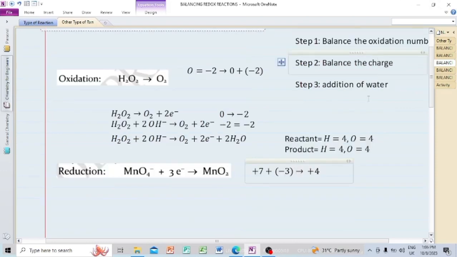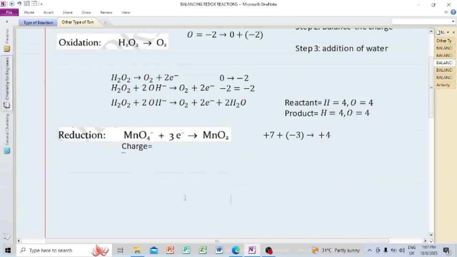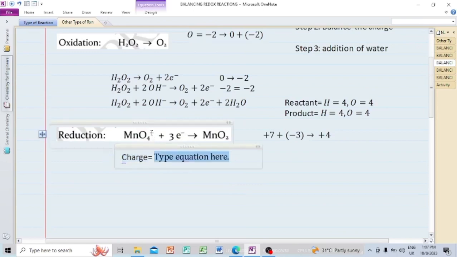Next step is to balance the charge. So, for the charge, okay, for the reactant side, tingnan natin dito, negative 1. Ang charge ng polyatomic natin is negative 1.